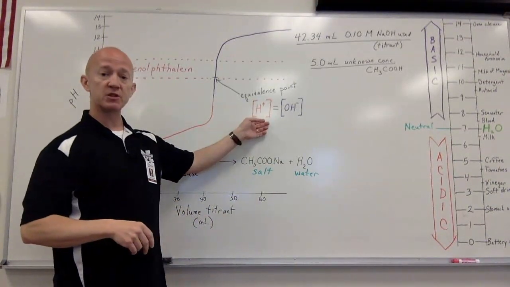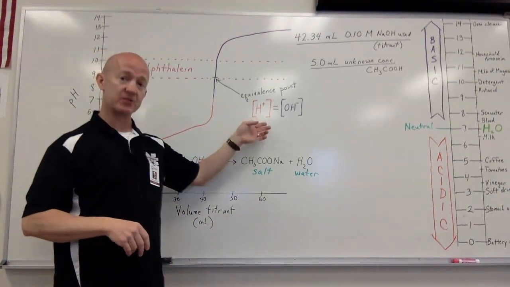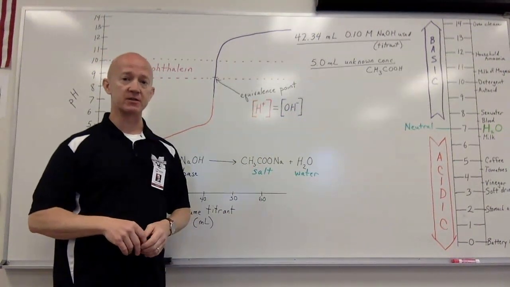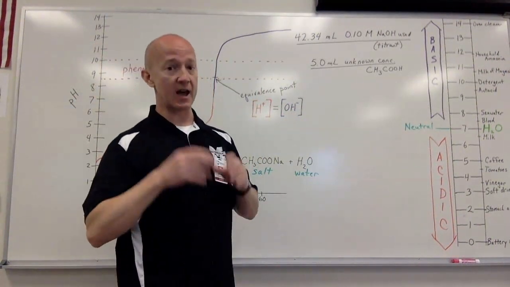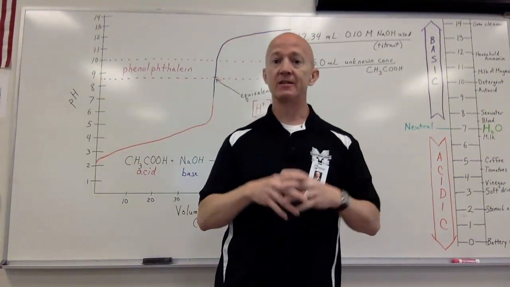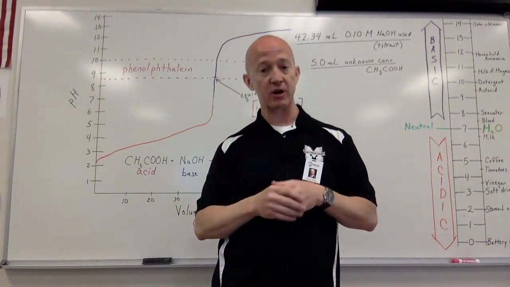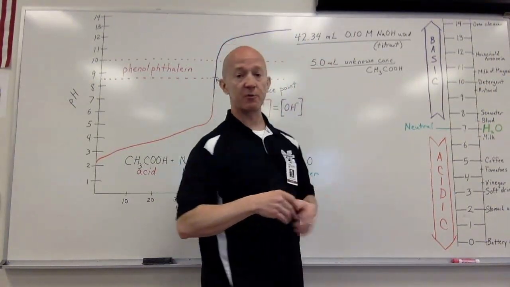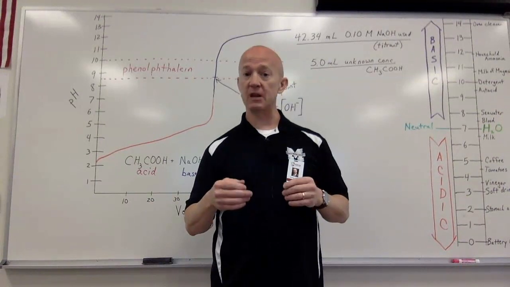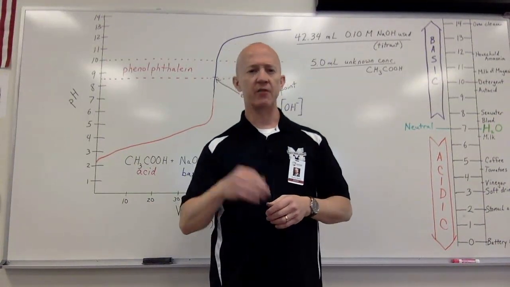One, the equivalence point, where the hydrogen ions equal the hydroxide ions, and the other point was the end point, the point at which we see an actual color change take place, telling us that we can stop titrating. And last but not least, we showed how we can take the information from our titration and use it to come up with the actual concentration of an unknown.